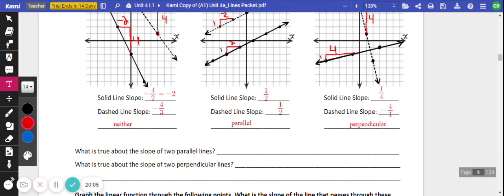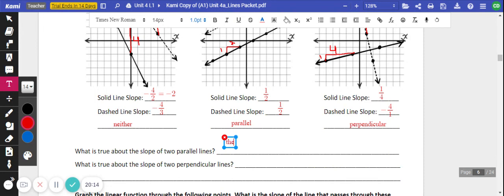So based on our patterns here, what is true about the slope of two parallel lines? That would be that they have the same slope. And then for perpendicular lines, the slopes will be negative, well, opposite reciprocals of each other.